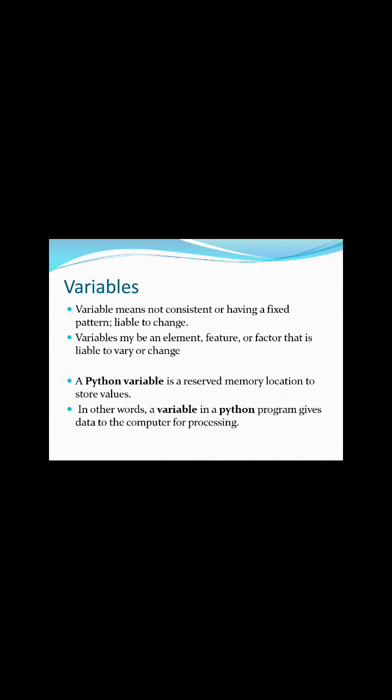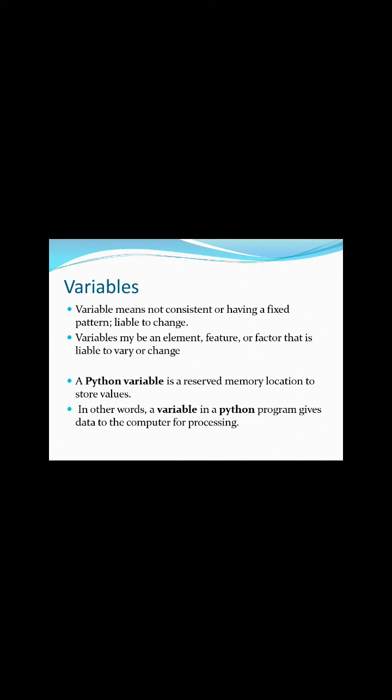The variable may be an element, feature or factor that is liable to vary or change. In Python, a variable is a reserved memory location to store a value. In other words, children, a variable in Python programs gives data to the computer for processing. You declare the variable as you have already done in QBasic. Let A equal to 10, let B equal to 20.